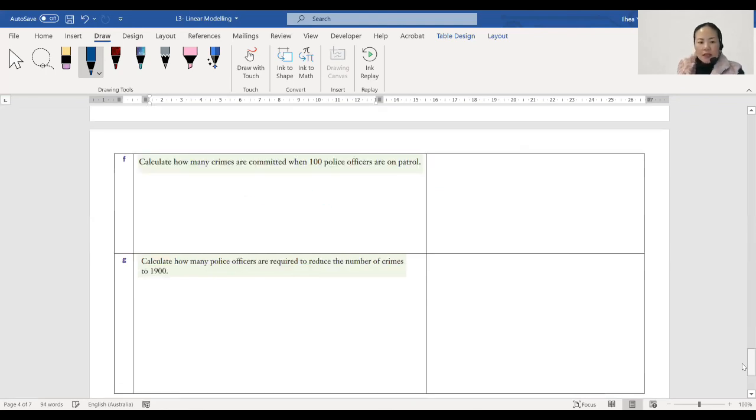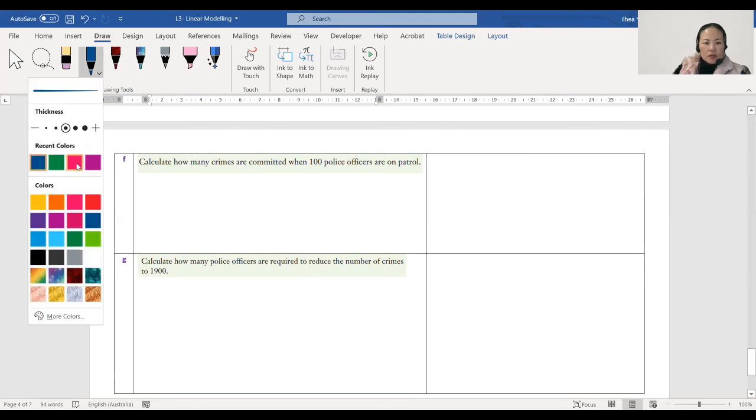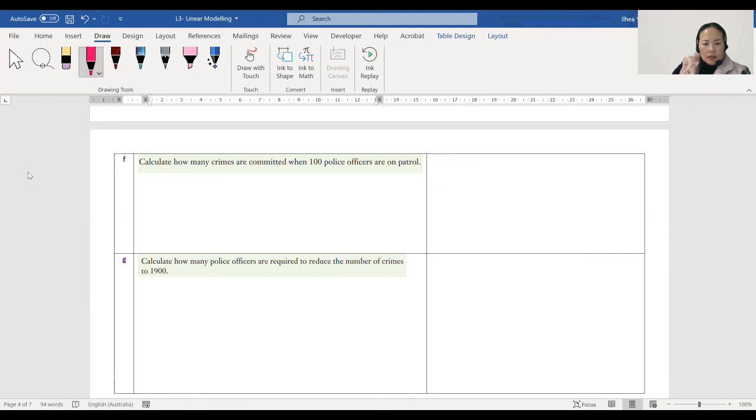Next one, calculate how many crimes are committed when 100 police officers are on patrol. Okay, so now we get to use the formula, which is exciting. So because I'm excited, I'm going to use pink. C equals minus 3P plus 3,250. Now, when there are 100 police officers, what will happen to the crime?